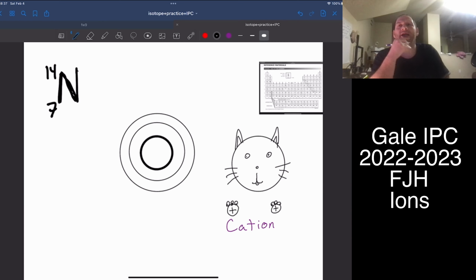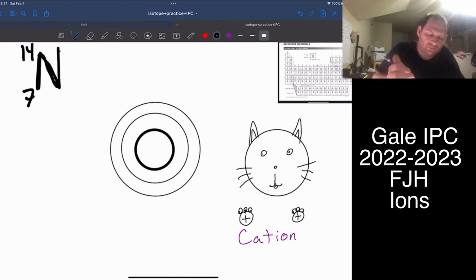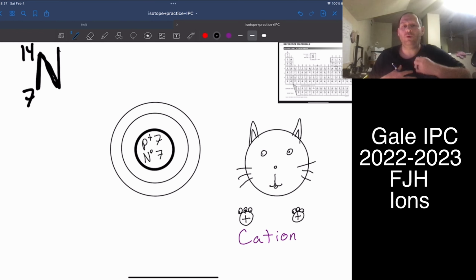And I want to make a positive 2 charge nitrogen. Well, I can use this Bohr model. I'm going to start in the middle. We have 7 positive protons. Neutrons will be 7. Now, we want an atom that has a positive 2 charge. So we need 2 fewer electrons than protons. So we have 7 protons, and we need positive 2, so we take away 1, 2.